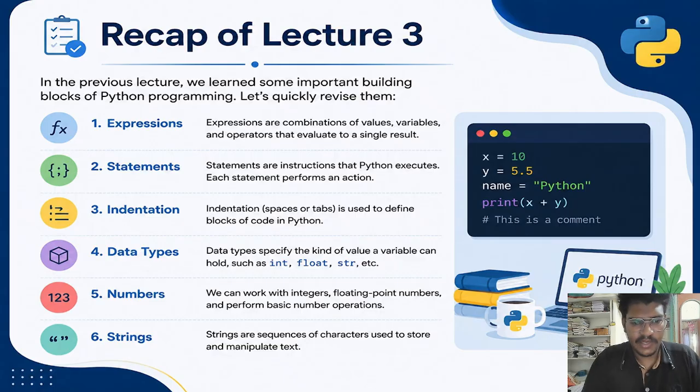Here we are using the assignment operator to store values in the variables x and y. We are using the arithmetic operator plus to add them, and we are assigning the sum to result. This simple example shows how operators are the glue that holds our code together.